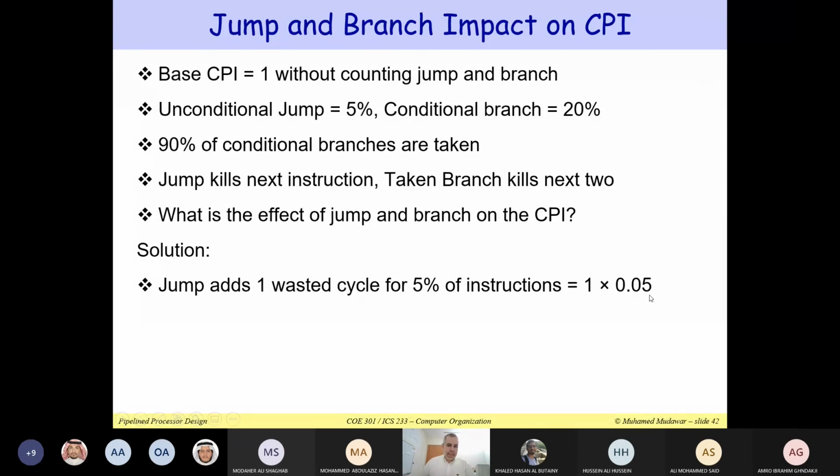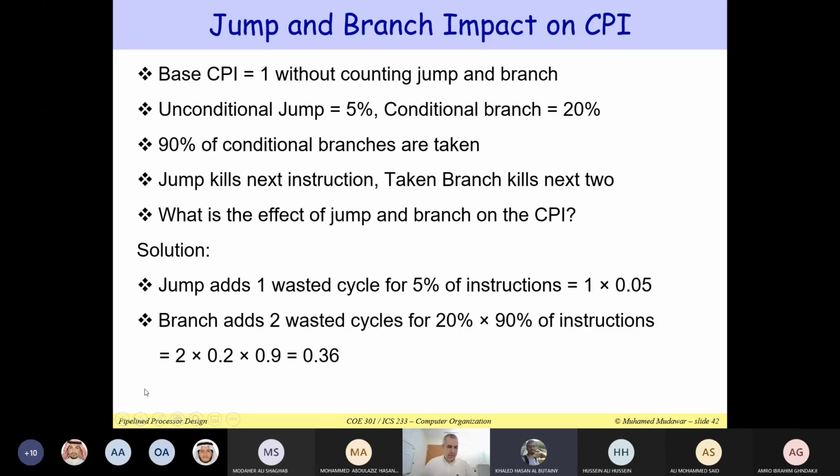So this one here is the number of wasted cycles, and the 0.05 is the percent of the instructions which are jumps. That's what we have to add to the base CPI. Okay. In the case of a branch, how do we handle it?